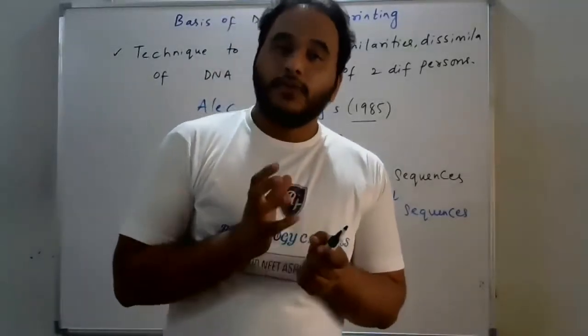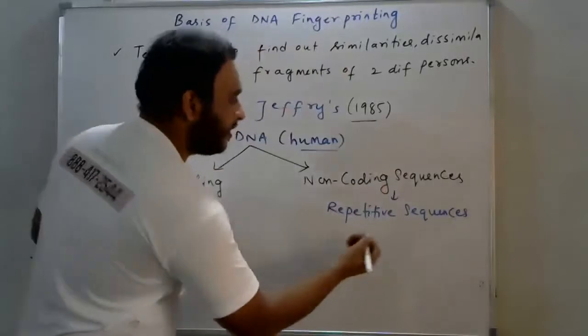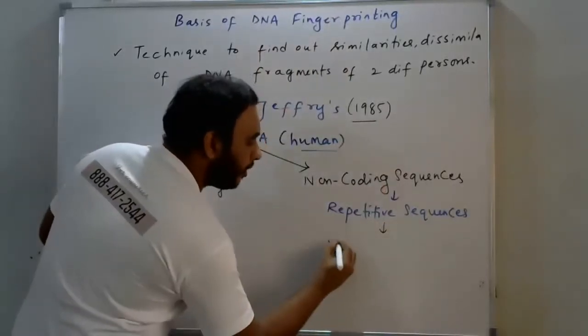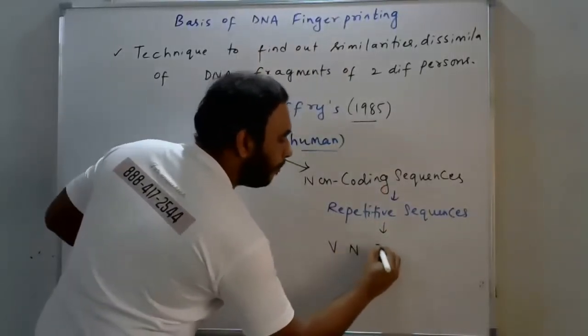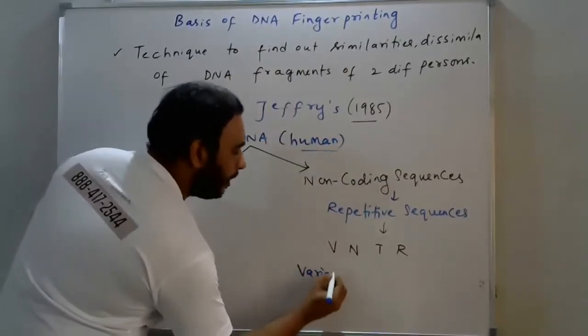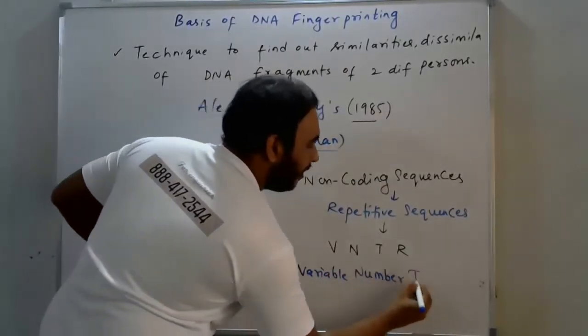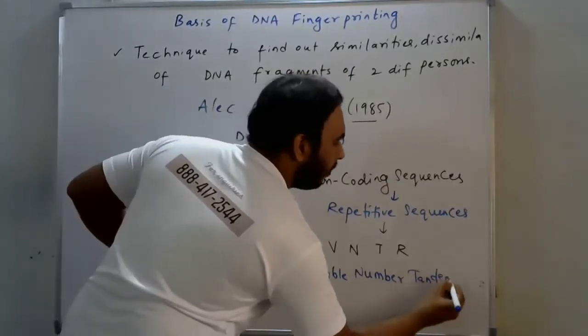These repetitive sequences are also known as variable number of tandem repeats. V for variable, N for number, T for tandem, and R for repeats.